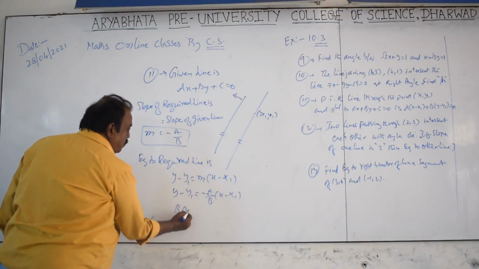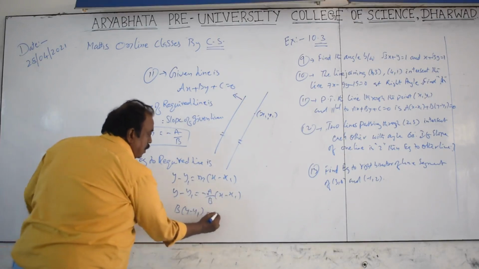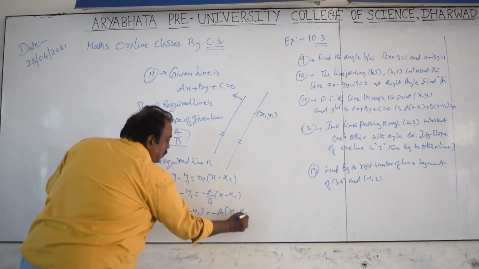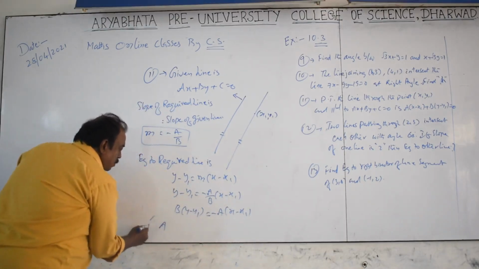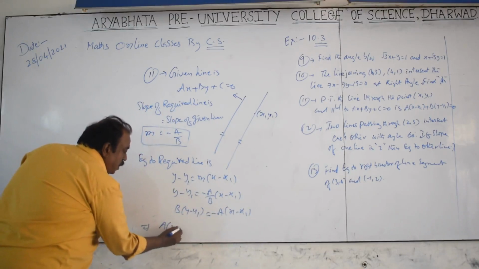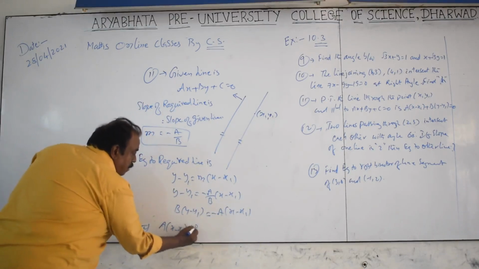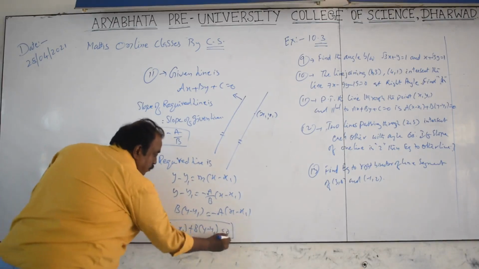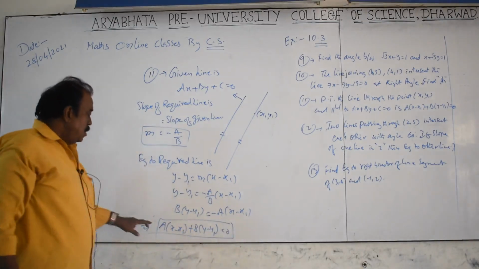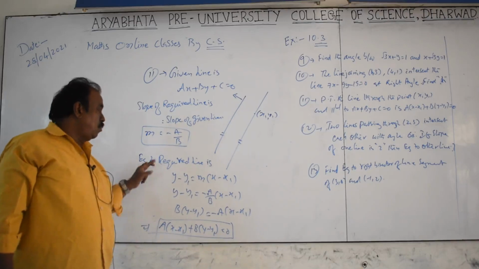That is b of y minus y1 equals minus a of x minus x1. Sending it to this side, a of x minus x1 plus b of y minus y1 equals 0 is the equation of the required line.